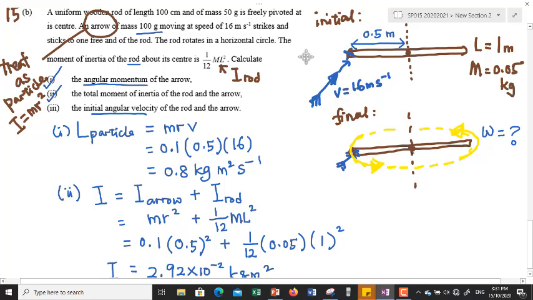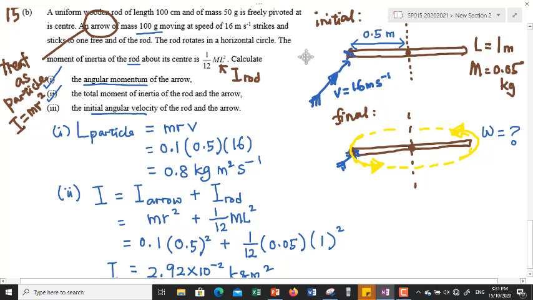From question 1, we calculated the momentum of the arrow. Initially, this arrow has an angular momentum of 0.8. Finally, this system rotates, so it also has a final angular momentum.